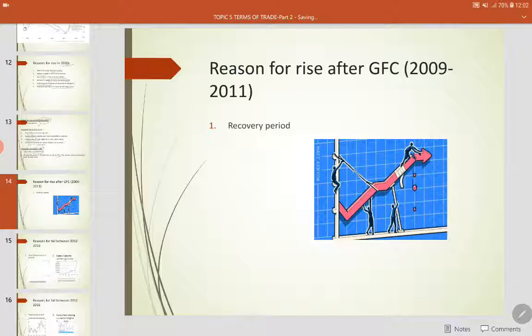I've provided this graph for you. The recovery period I've explained to you.